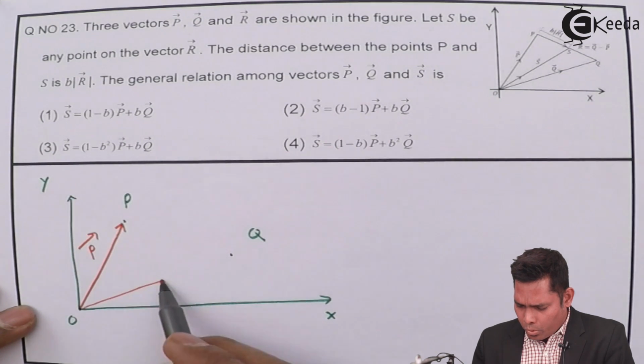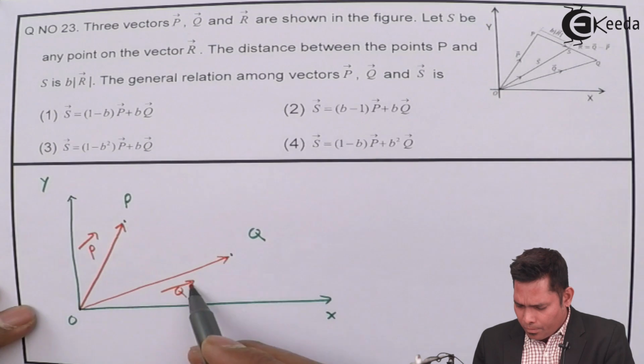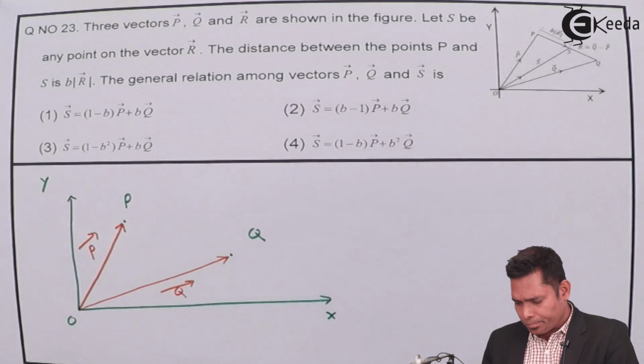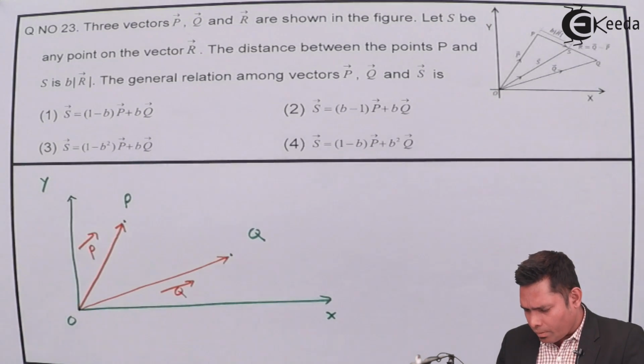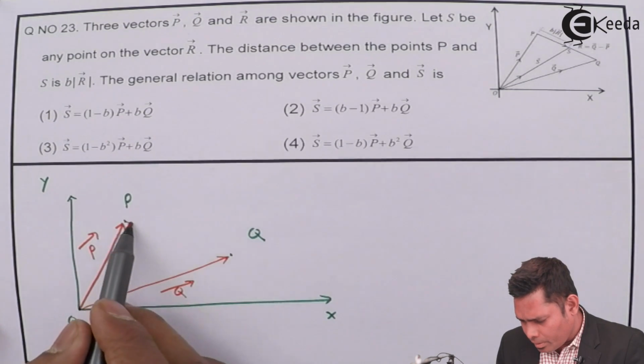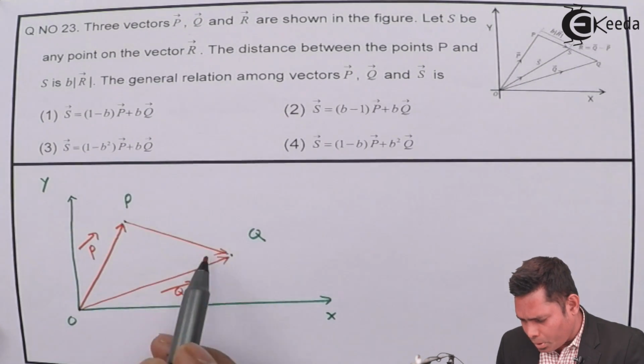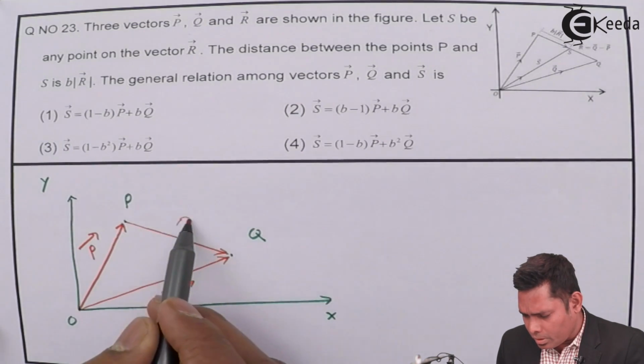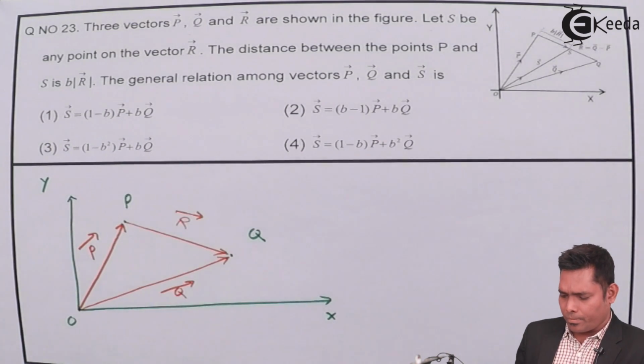This OQ position vector is the Q vector, and this one is my PQ vector, which is represented as the R vector.